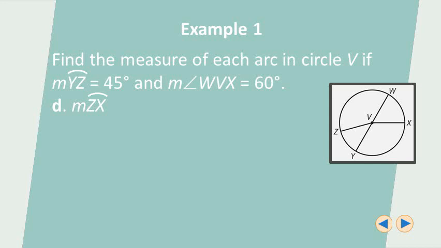How about the measure of ZX? Again, if we know the measure of WX and the measure of WZ, we can simply add those together and subtract it from 360 to find ZX. So the measure of ZX is the measure of ZY plus the measure of YX, right? Arc addition postulate.